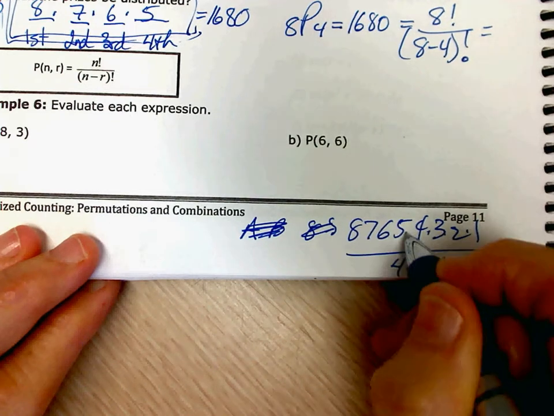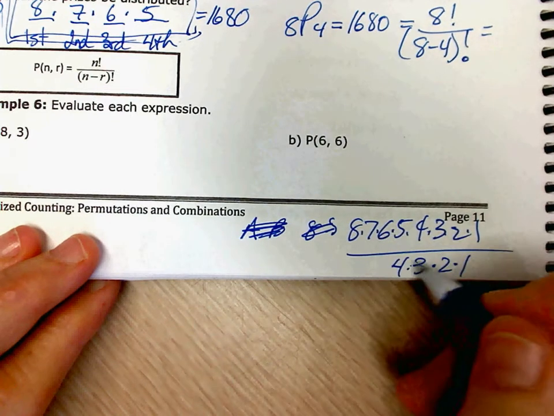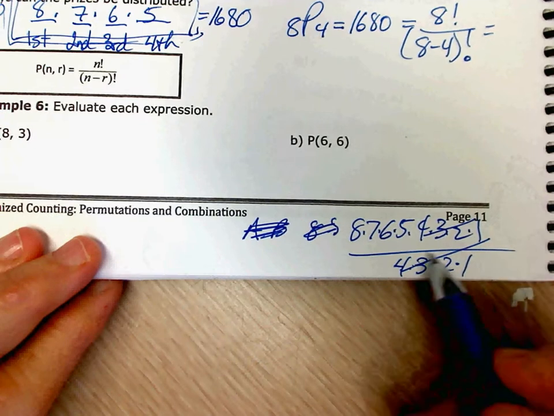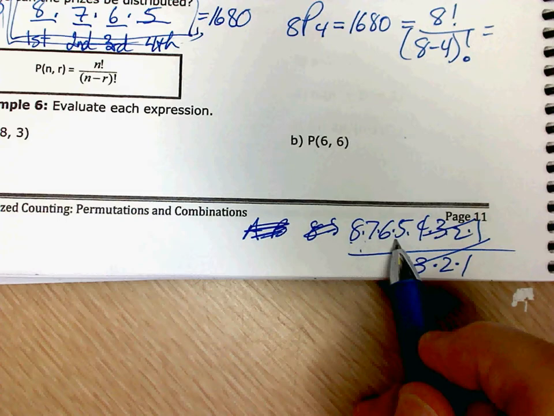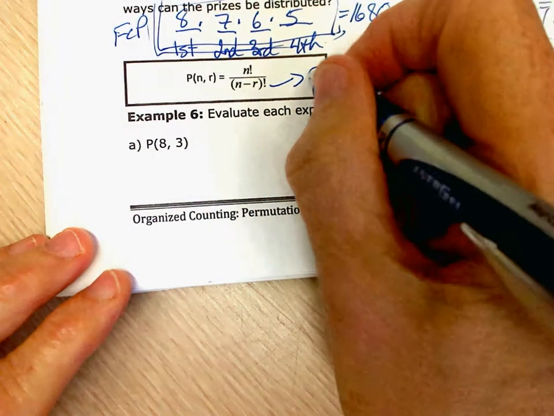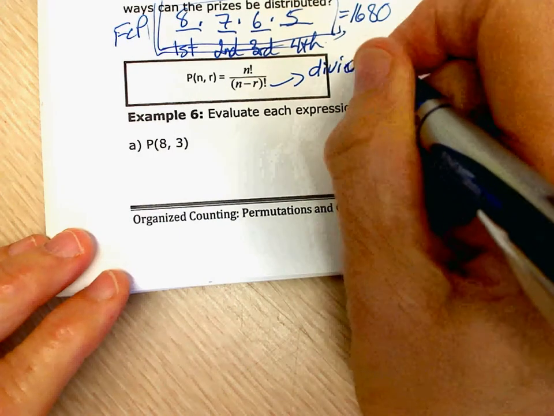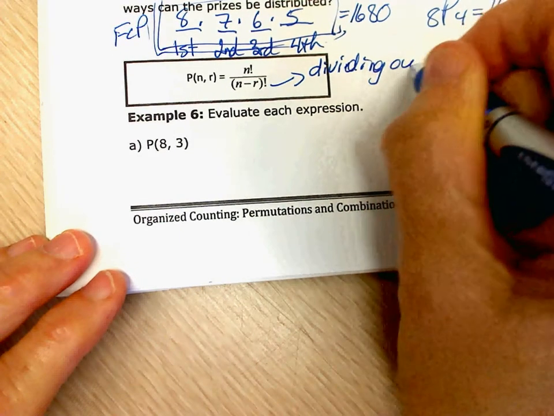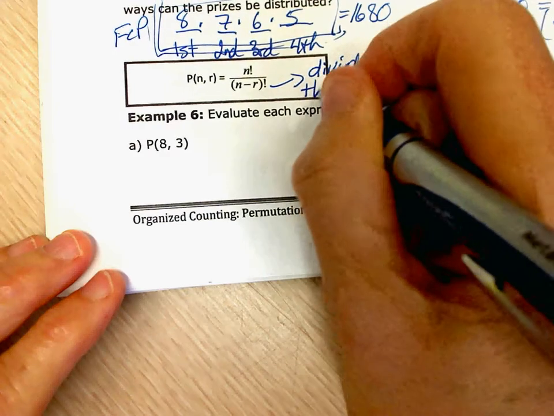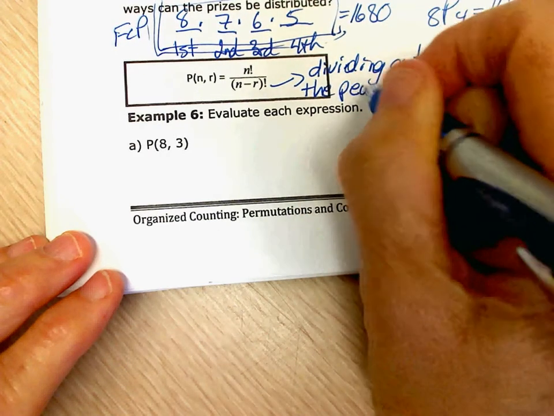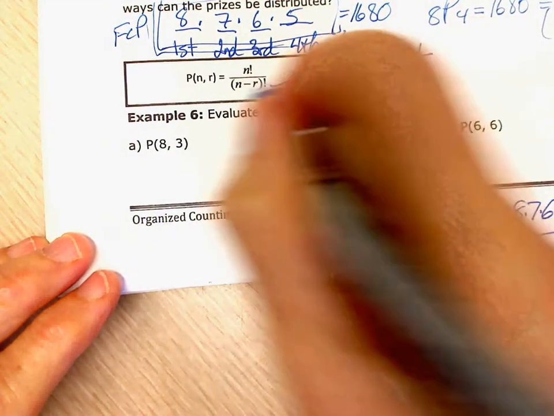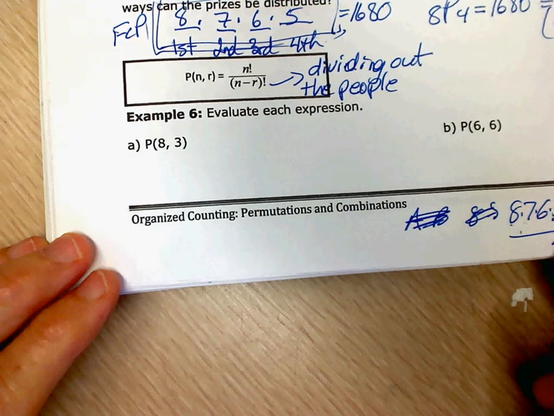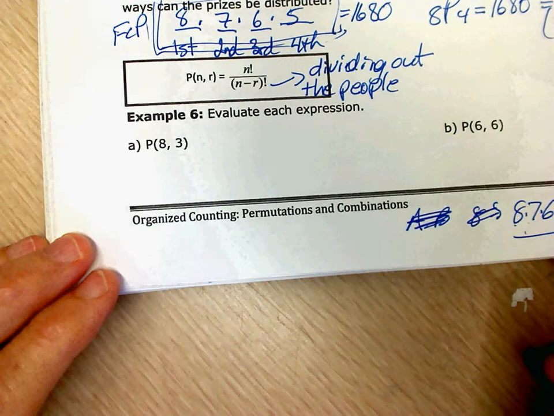Or we're not subtracting it, we're dividing it out. So in effect, this is 8 times 7 times 6 times 5, right? So what we're doing is we're dividing out the people who were not selected, right? In that we're dividing out by the people that were not, so we're not interested in the order.